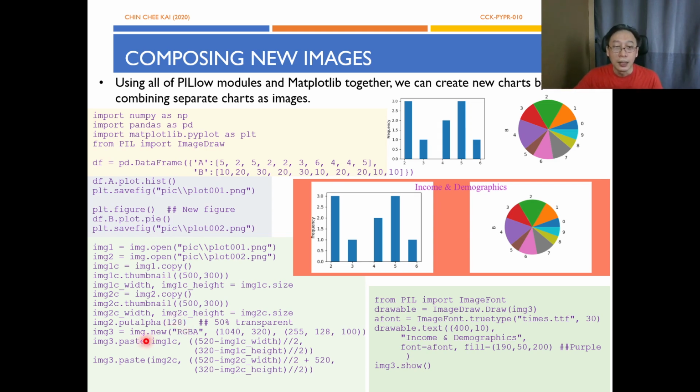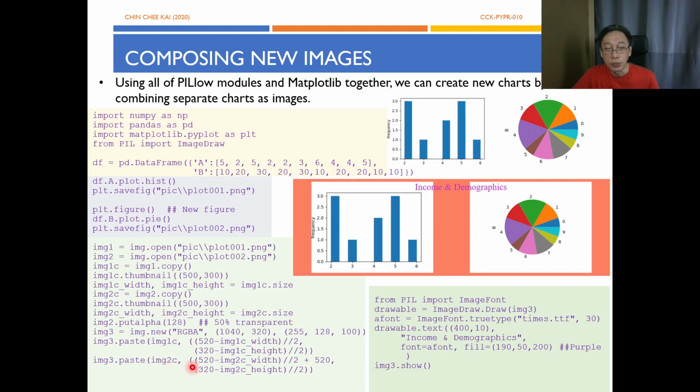So we want that. Then we say image new RGBA, because now our images will have the alpha layer. RGBA of size 1040 by 320 of this background color, which is a bit reddish, but not full red. Then we paste onto it image 1C and image 2C.